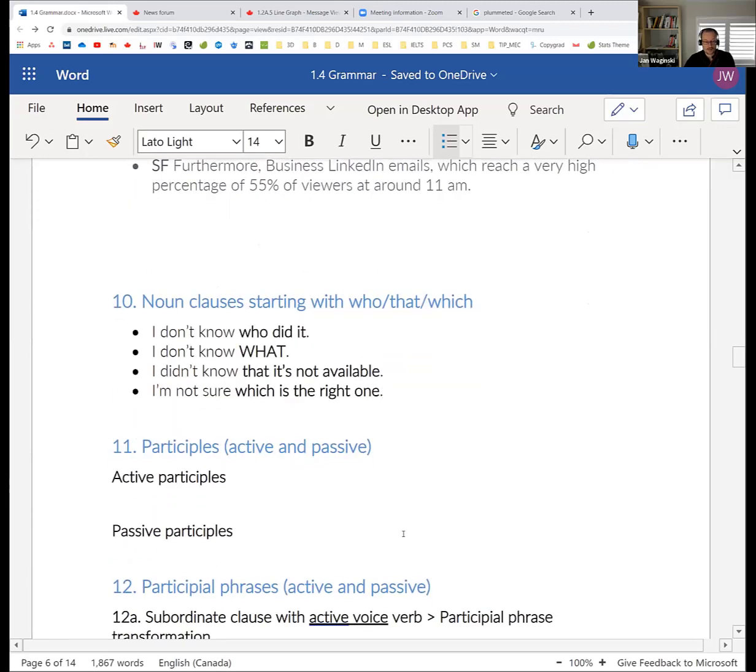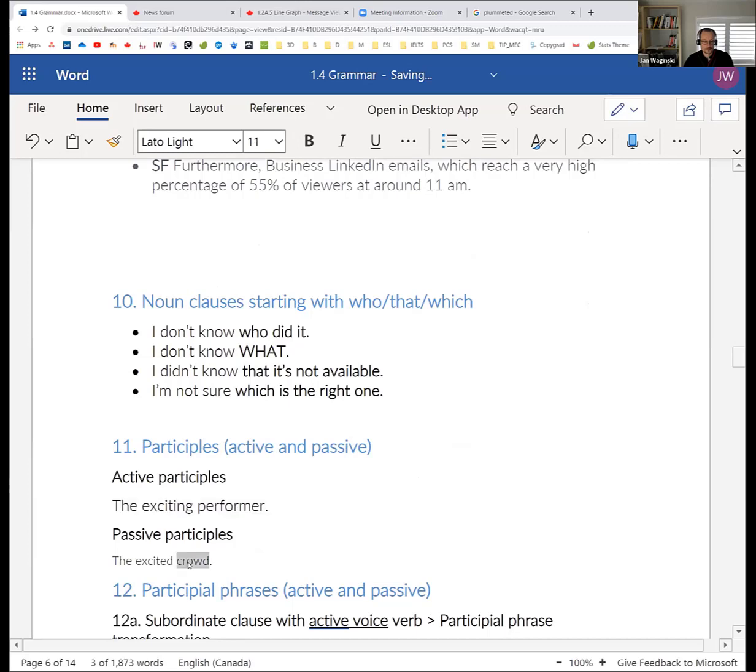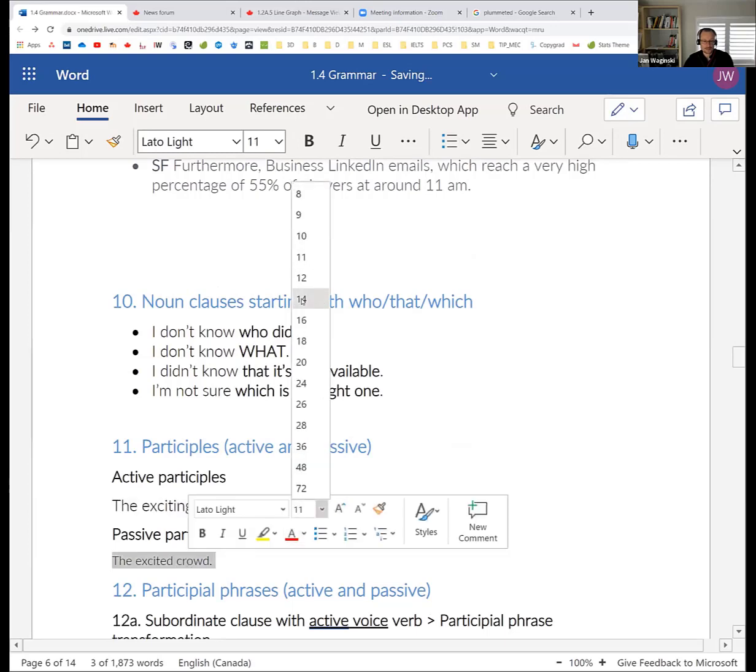Participles. We talked about those a bit earlier. That's like saying the exciting performer, the excited crowd. Does anyone have any questions about these? Why is it the exciting performer and the excited crowd? How do we know which one to use?